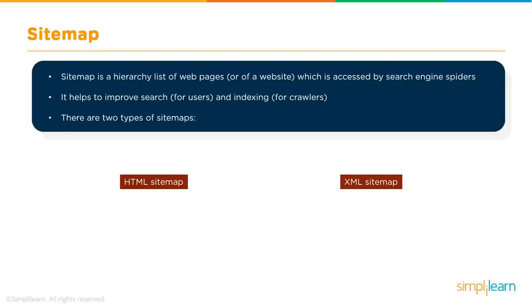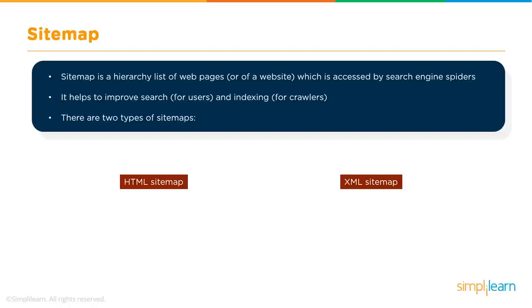When we talk about the end user and we talk about search engines, there are really two different types of sitemaps. You've got the HTML version, which is for the end user. That's nothing more than a link on the website, usually in the footer. When you click on that sitemap link, you'll get a list of all the links on the website. Okay, so that's an HTML sitemap. Then we have the sitemap for the search engines, the spiders that want to crawl our site.